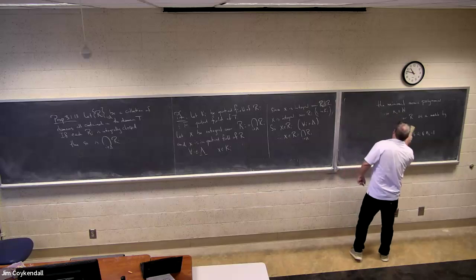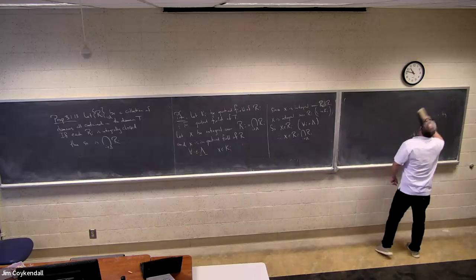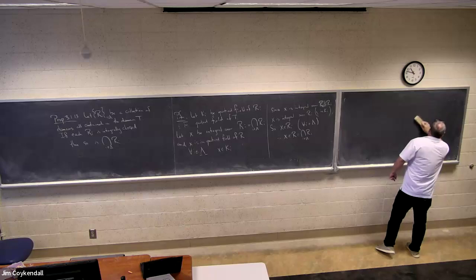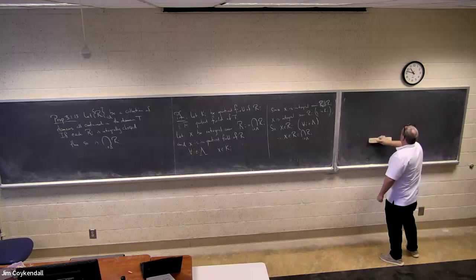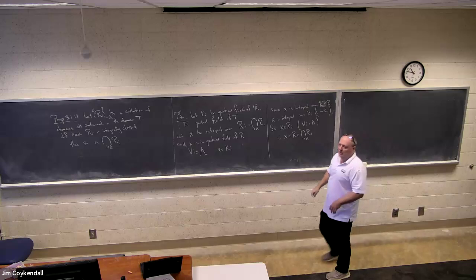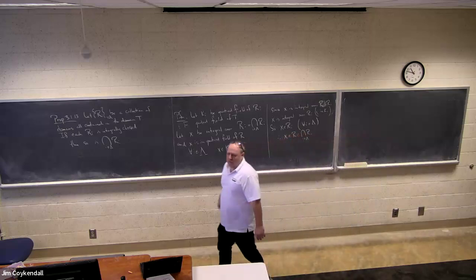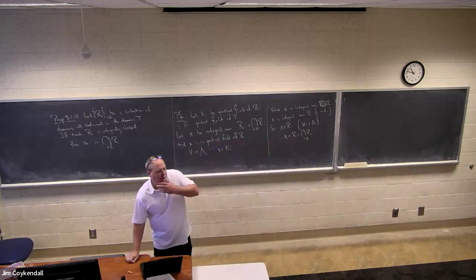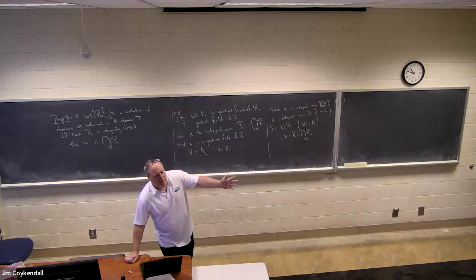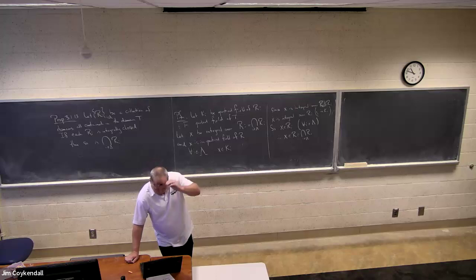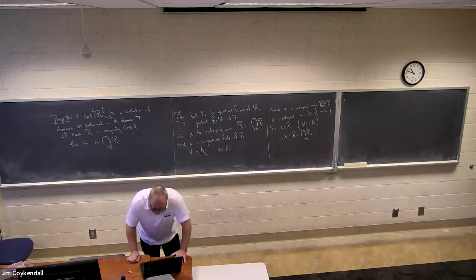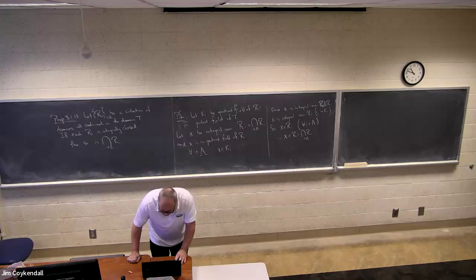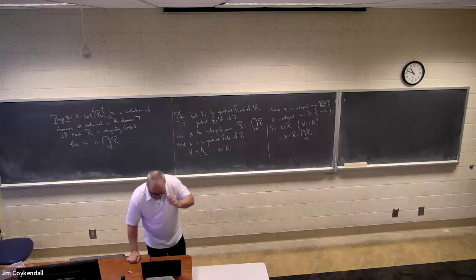So for example, if you intersect a whole bunch of UFDs, and if you're a number theory fan, there's a lot of those out there, you may not get a UFD, but you will get something that's integrally closed.